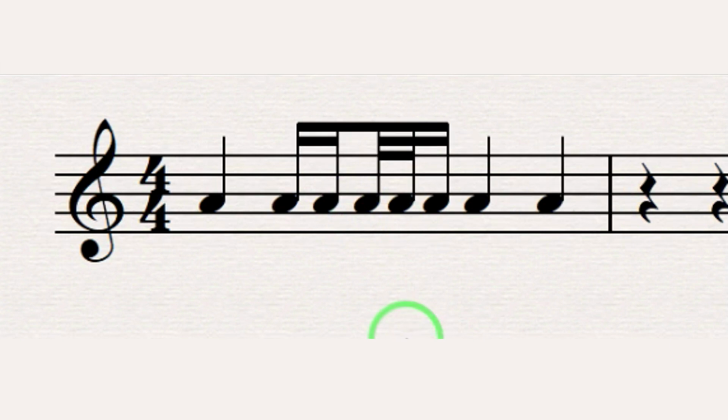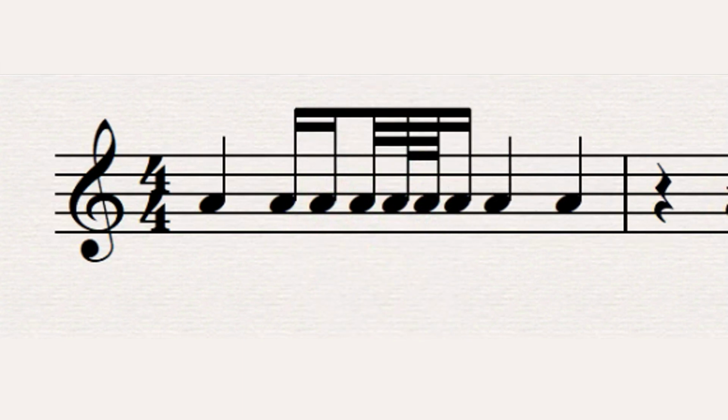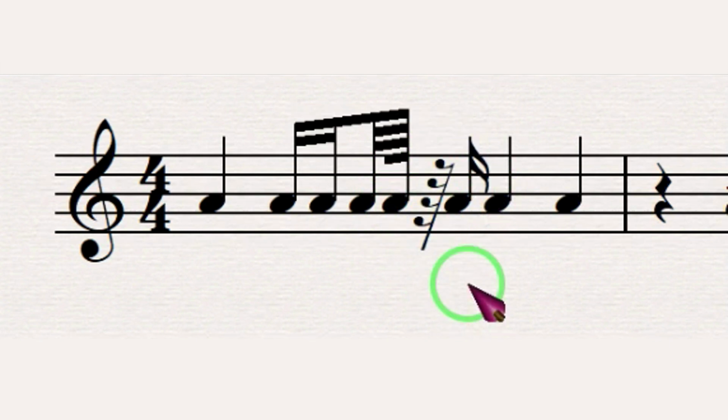If I have a demisemiquaver or 32nd note, I can replace it with a rest, and it will look something like this. If I have a hemidemisemiquaver or 64th note, like this one, I can also replace it by a rest, and it will look like this.